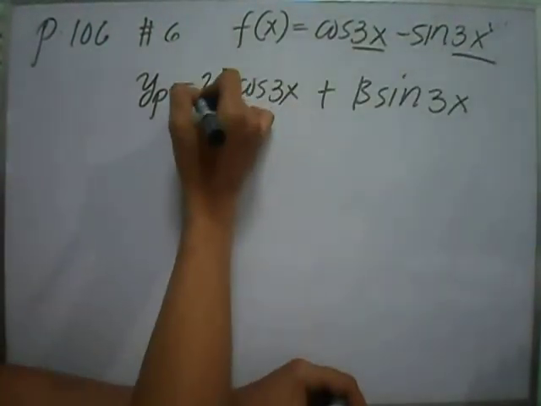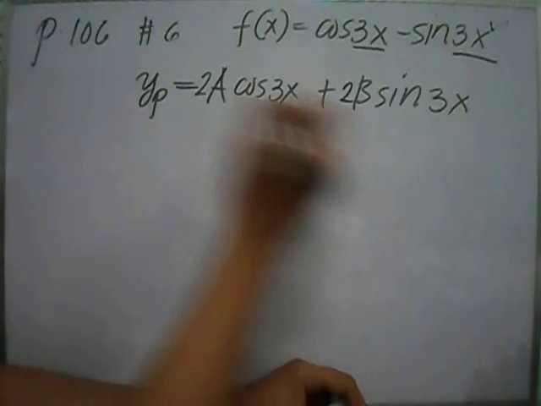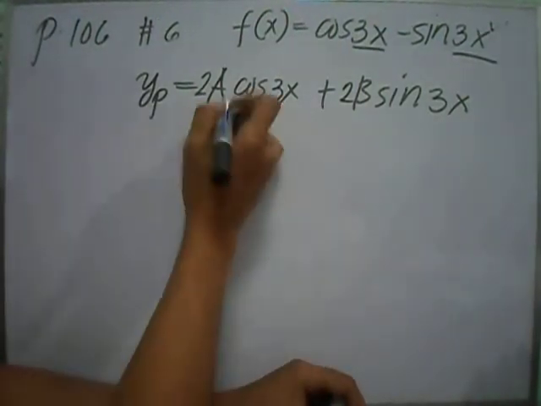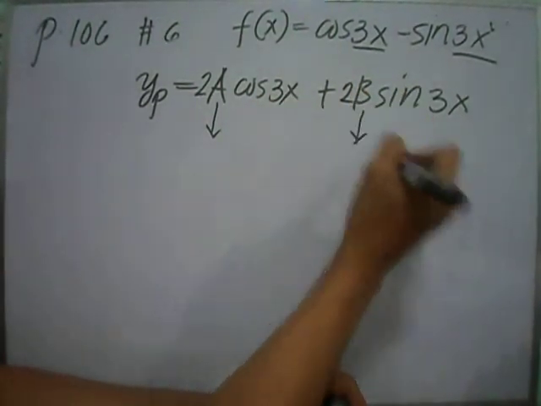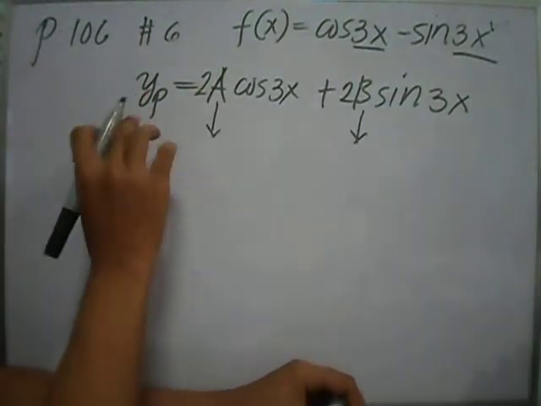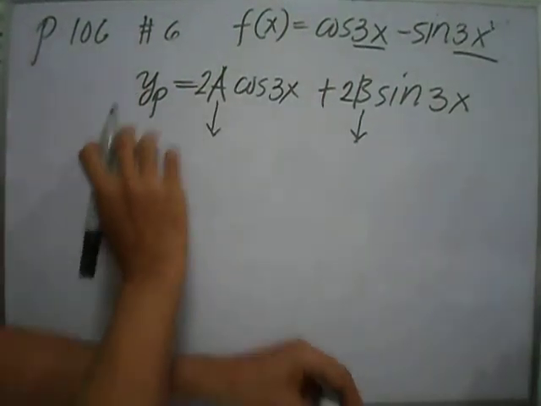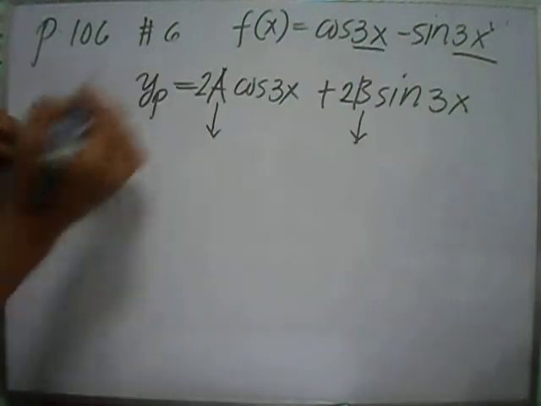So this will be the representation of y particular, and solving for a and b, which serve as our undetermined coefficients, we can solve the y particular of the said differential equation.